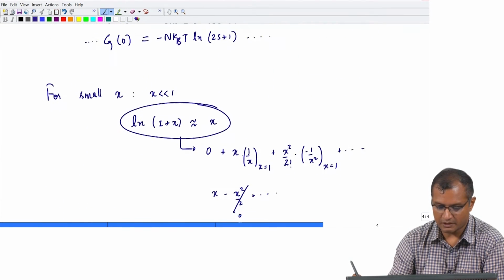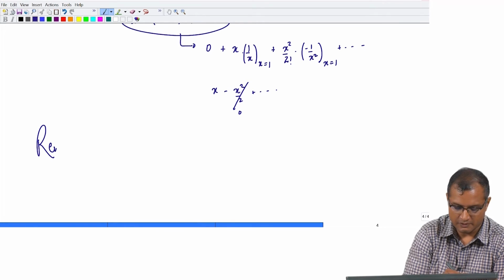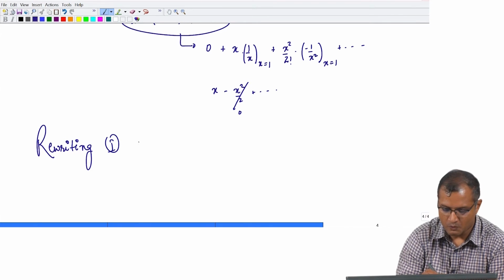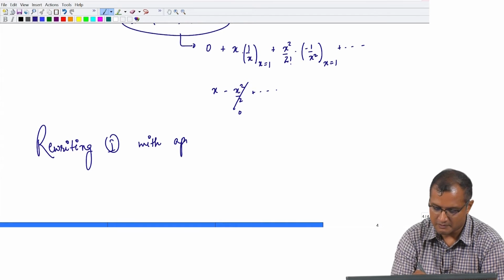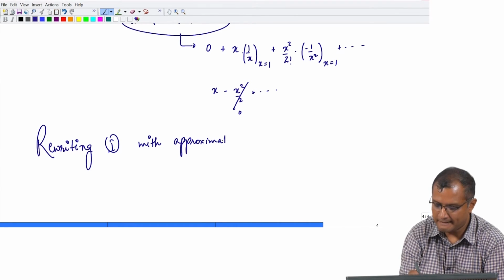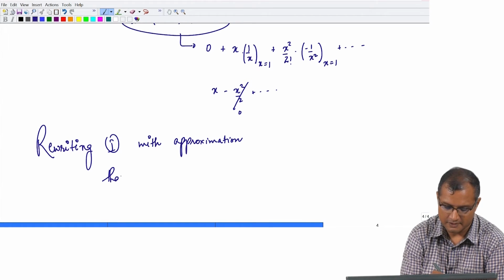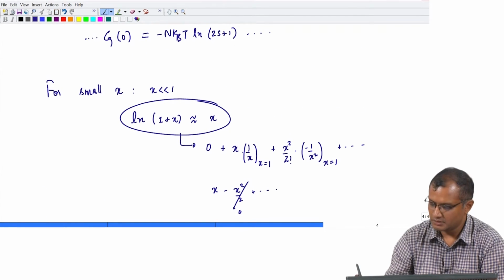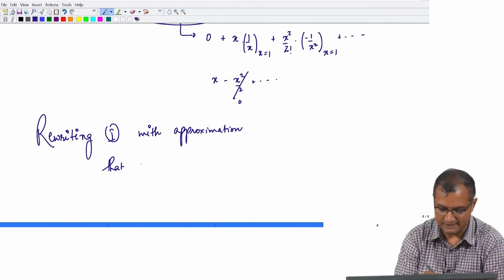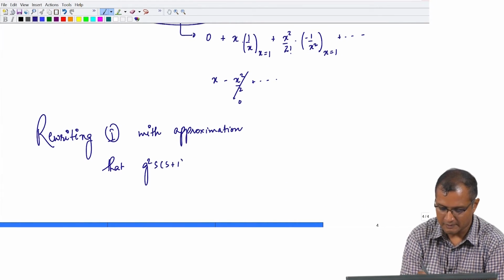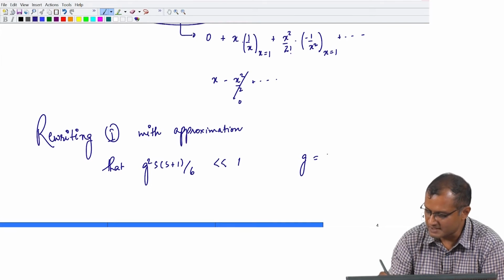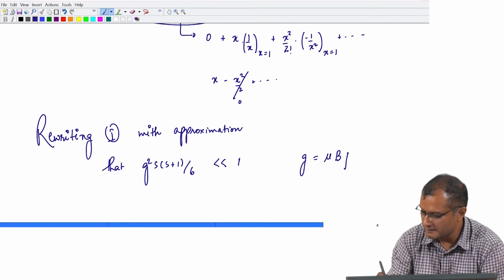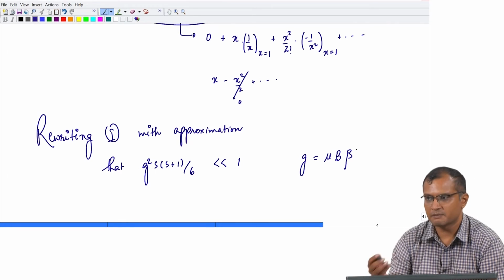So, rewriting 1 with the approximation that g square into S plus 1 by 6 is much smaller than 1, because g is related to the magnetic field. If you take the square of that, it is much smaller than 1. Okay.